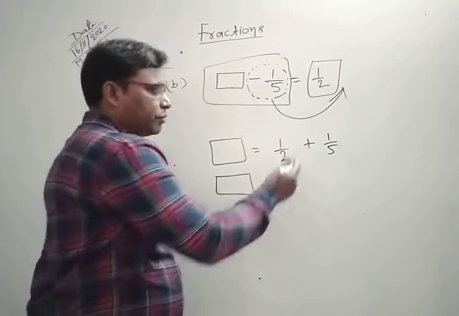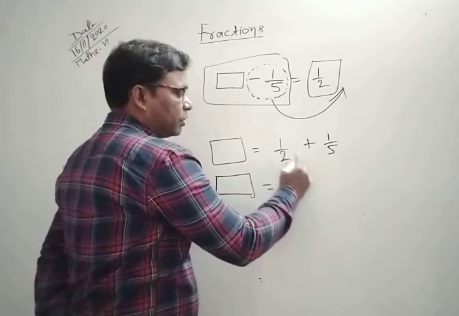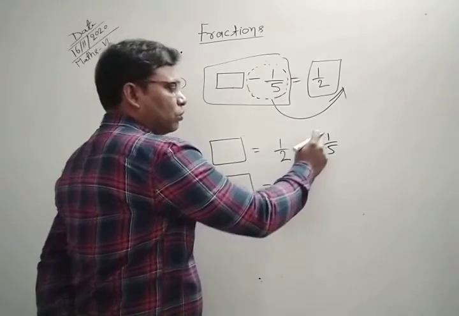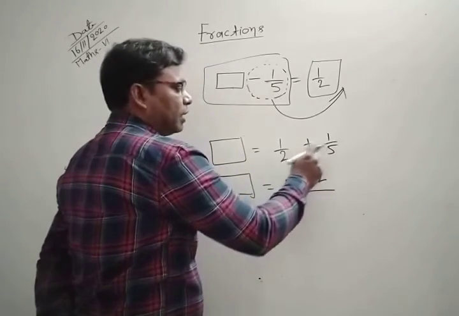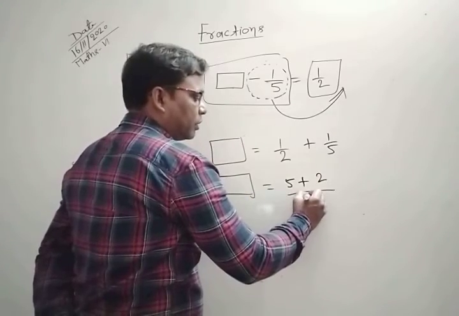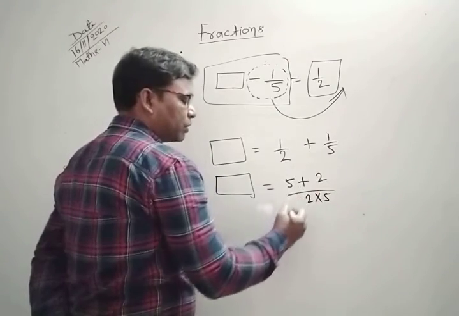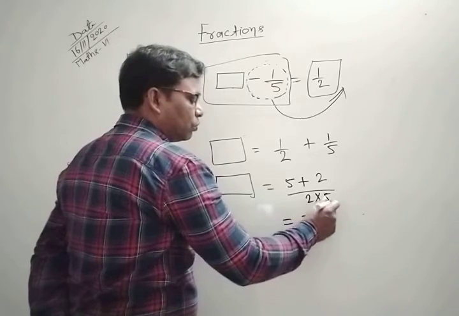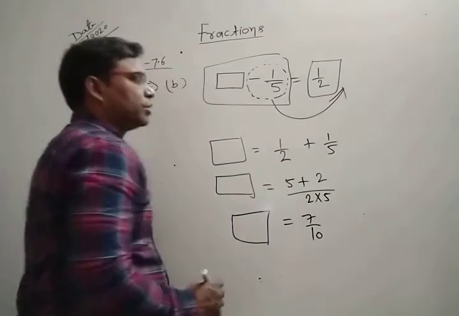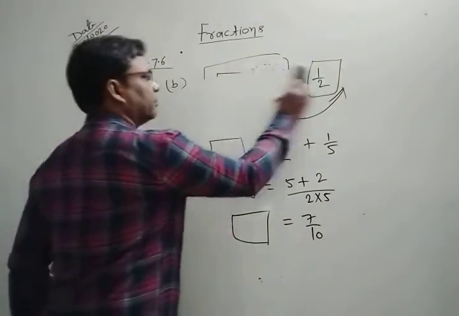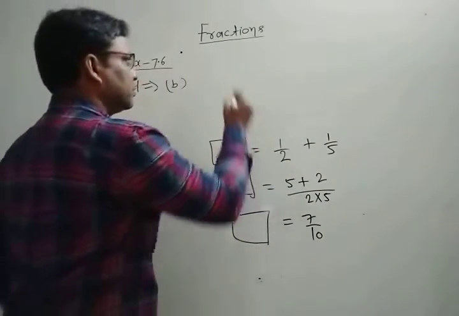So for this you multiply 5 into 1, plus 2 into 1, and again we multiply 5 into 2. 5 plus 2 is 7, 5 into 2 is 10. So we find the value of this box is 7 by 10. You can fill it in this box.